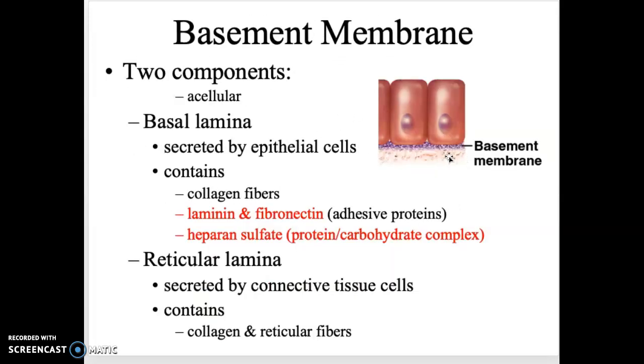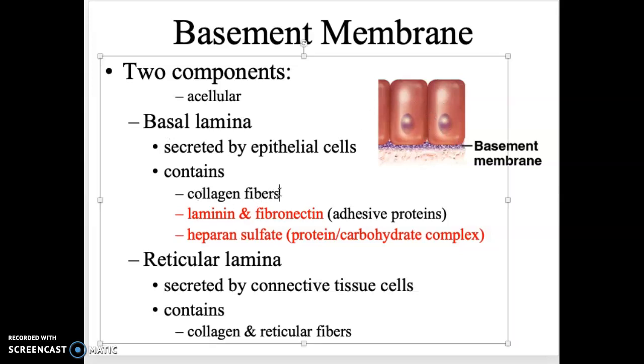The basement membrane here serves a very important role to hold the epithelial cells to the connective tissue below them. Basement membrane has 2 layers to it. There's the basal lamina, which the cells secrete, the top layer.